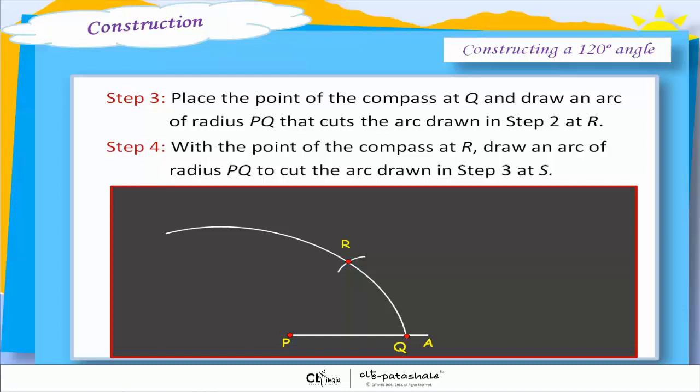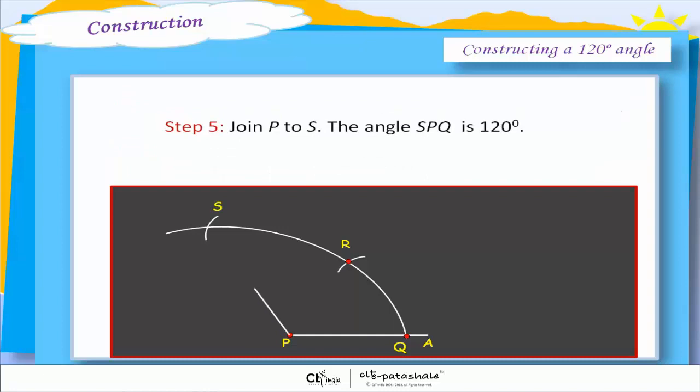With the point of the compass at R, draw an arc of radius PQ to cut the arc drawn in step 3 at S. Now in the fifth step, join P to S. The angle SPQ is 120 degrees.